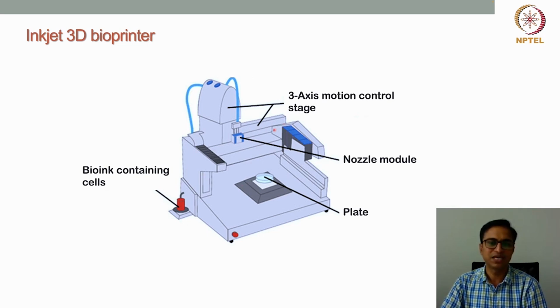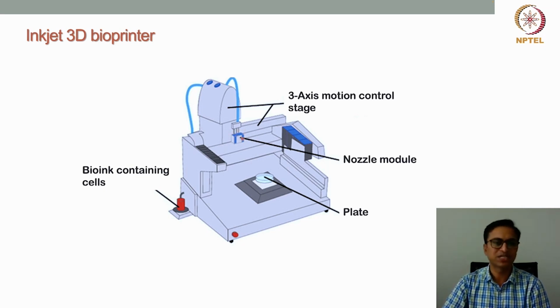If you see here, we have this printhead, where the nozzle modules, or the different nozzles, are lined up. And this printhead is attached to the 3-axis motion control stage. That is the printing stage, where it can move in all x, y, and z directions.